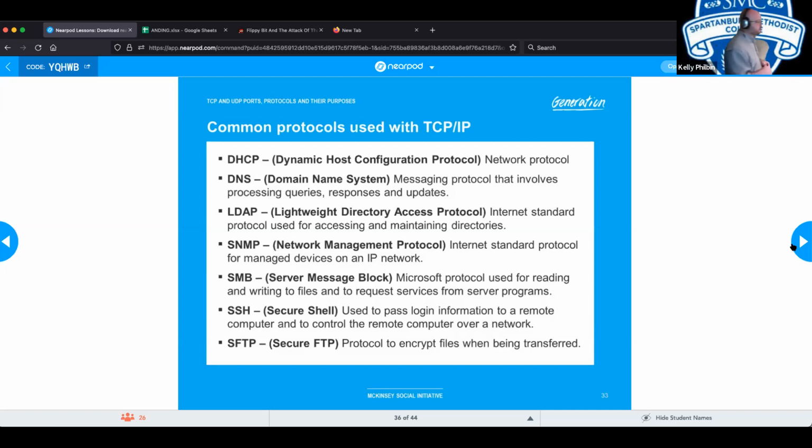Server Message Block, basically a Microsoft protocol used for reading and writing files and to request services from a server program. Secure Shell allows you to create an encrypted communication to pass login information to a remote computer and then control that computer over the network.